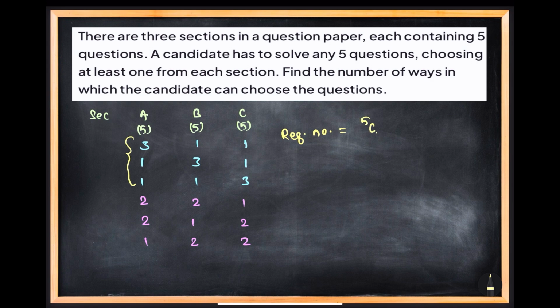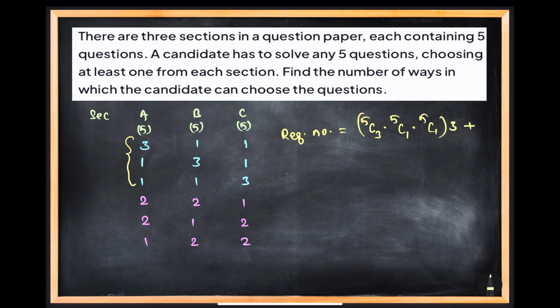So 5C3 from section A, then the task is not completed, so I'll select one more question, 5C1 from section B, and then 5C1, and this has to be multiplied by 3 because I have to add this with 5C1, 5C3, 5C1. It's the same result. You will multiply ABC or CAB or BCA, it is the same thing, no? So it is 3 times.